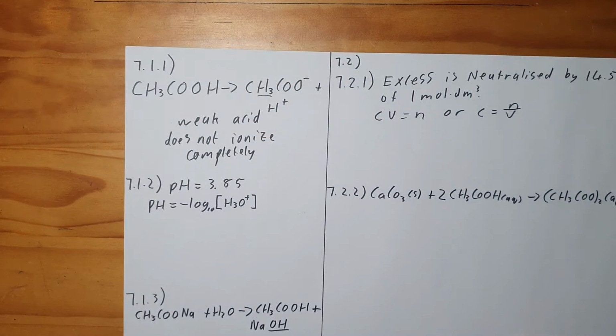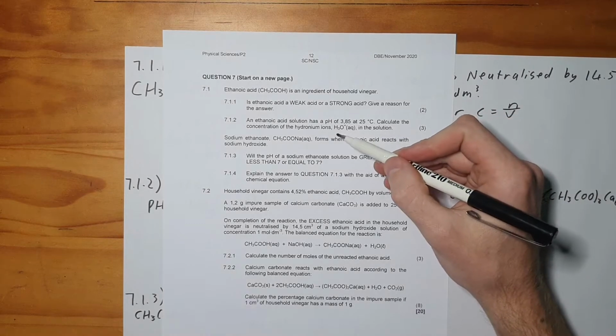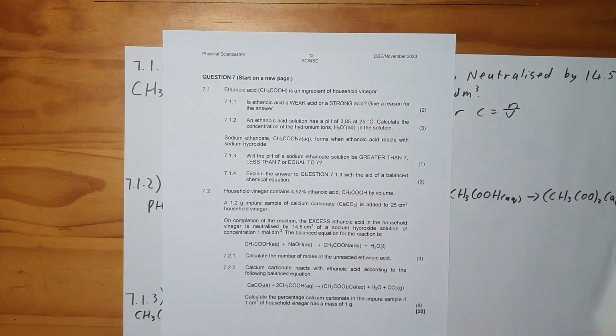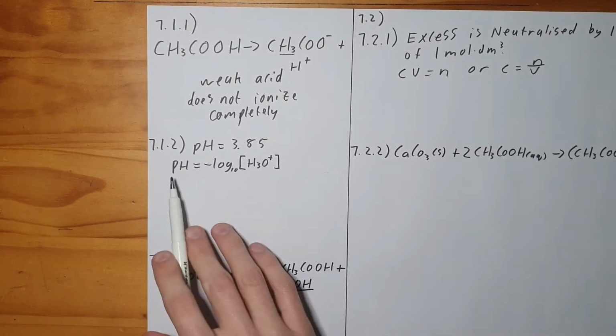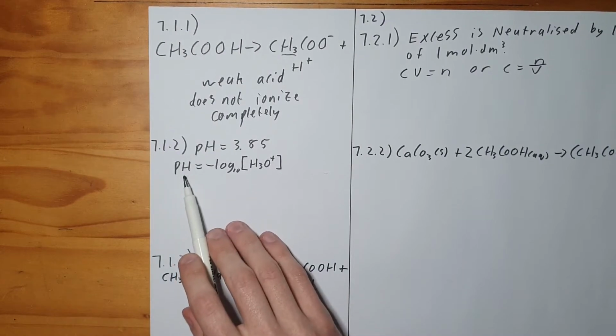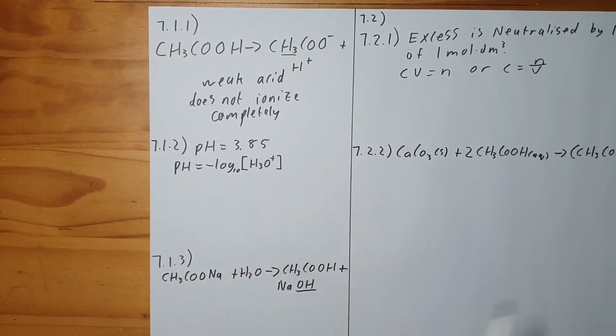Now 7.1.2 says an ethanoic acid solution has a pH of 3.85 at 25 degrees. Calculate the concentration of the hydronium ions. Remember, the hydronium ions are the H3O+ ions that we're looking for. The first thing that should come to mind is the formula where pH is equal to the negative log base 10 of the concentration of hydronium ions.